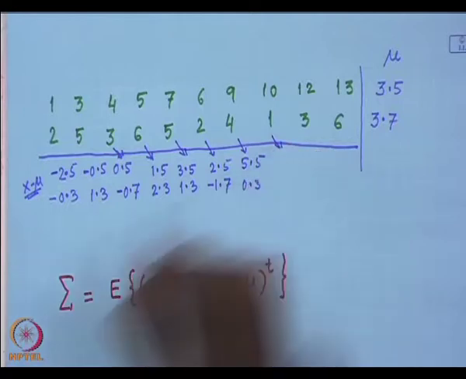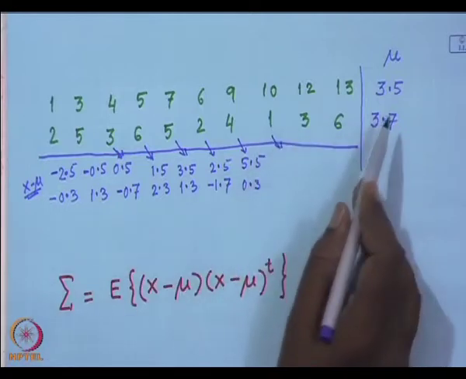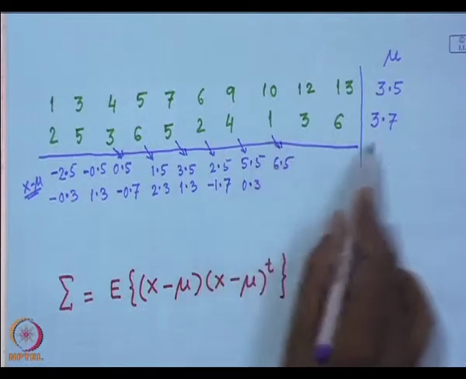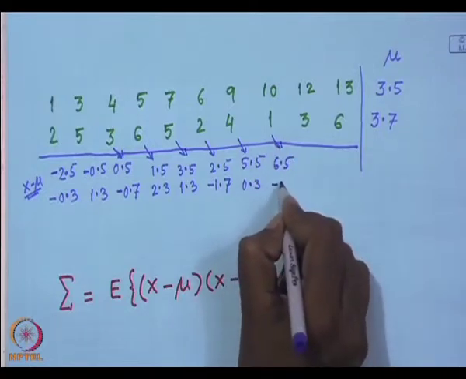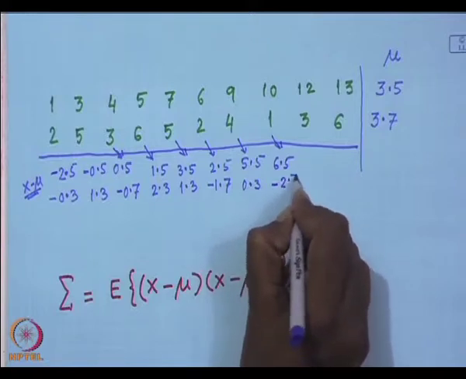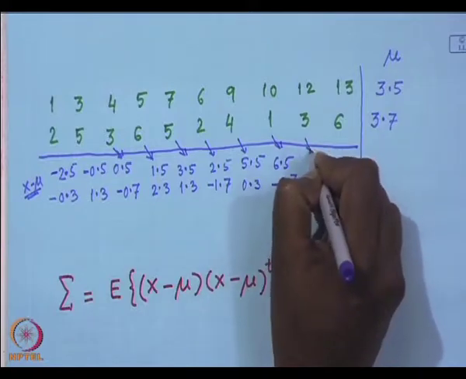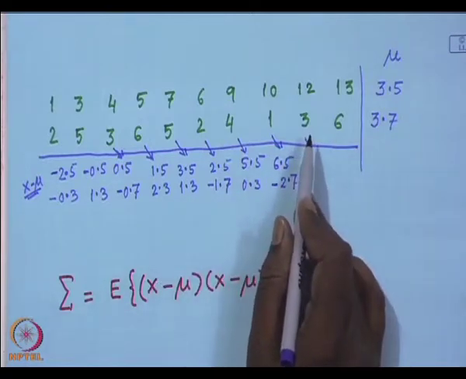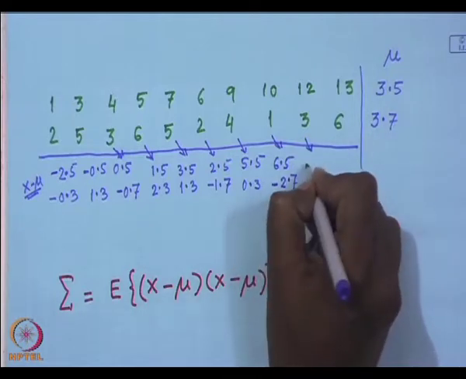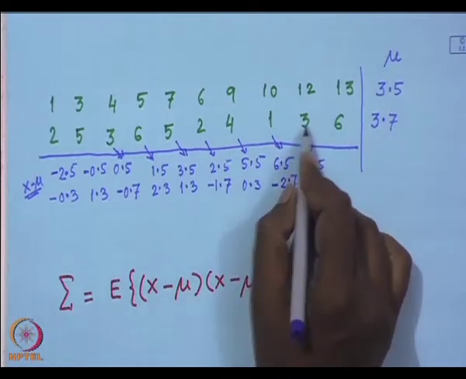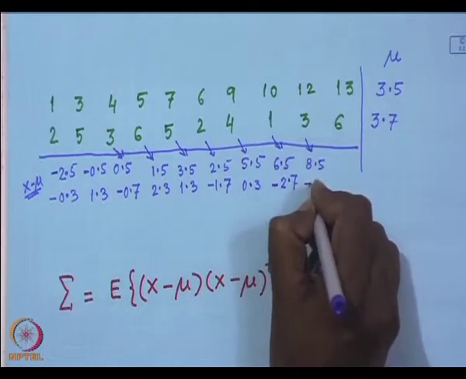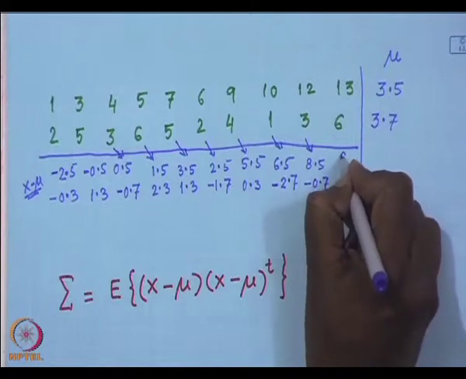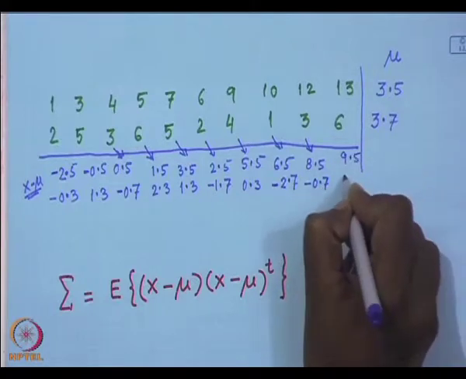Similarly, for this it will be 10 minus 3.5, which is 6.5, and 1 minus 3.7, this is minus 2.7. For this vector, it will be 12 minus 3.5, which will be 8.5, and this is 3 minus 3.7, obviously it is minus 0.7, and for the last one it will be 9.5 and 2.3.